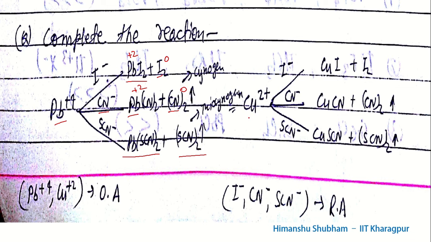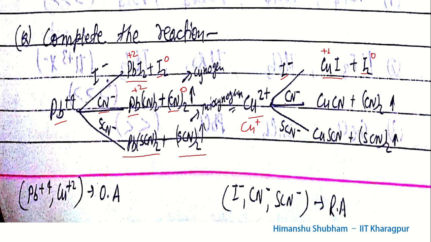Now in the next part we have the reaction between Cu2+ and I minus. Cu2+ after getting reduced would be in the Cu+ state and I minus would be in the 0 oxidation state, that is I2. So the product would be CuI, where Cu is in +1 oxidation state, and I2 where iodine is in 0 oxidation state.